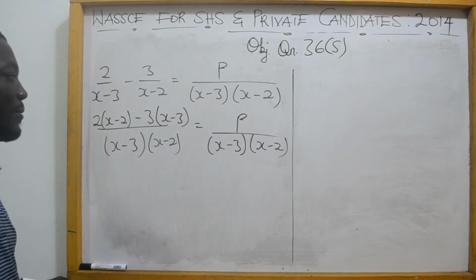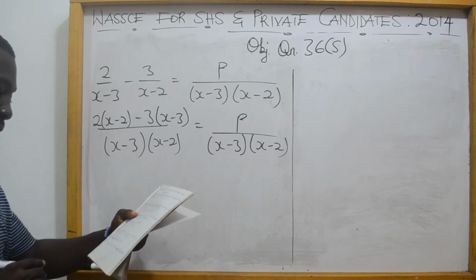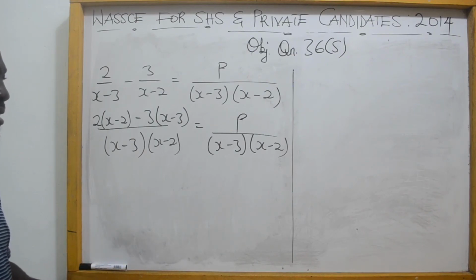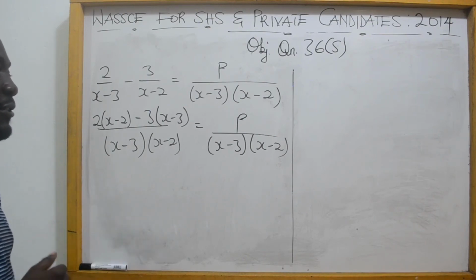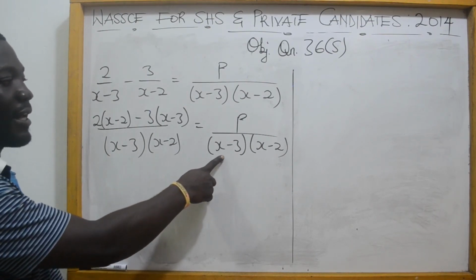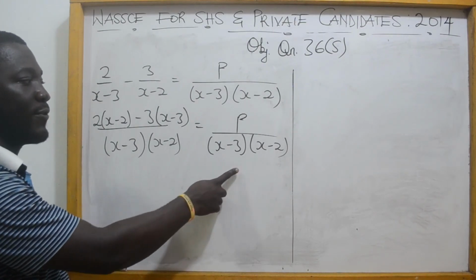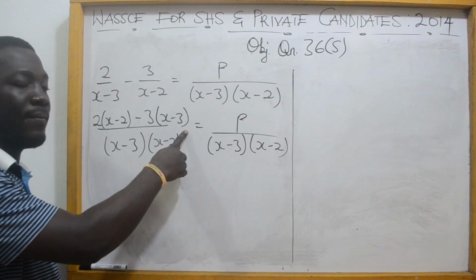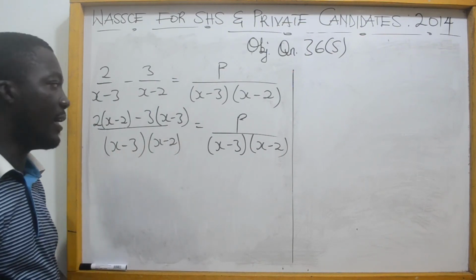Now we want to simplify further, or to make p the subject. As the question says, we should find p. So we can do cross multiplication here. I love cross multiplication. And send the x minus 3, x minus 2 to the left hand side, and it will become the numerator.